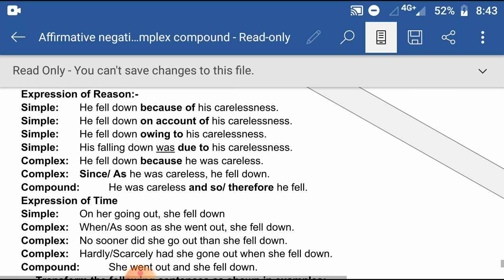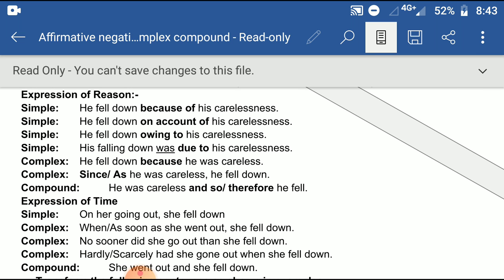The first sentence is, he fell down because of his carelessness. He fell down on account of his carelessness. He fell down owing to his carelessness, and his falling down was due to his carelessness.